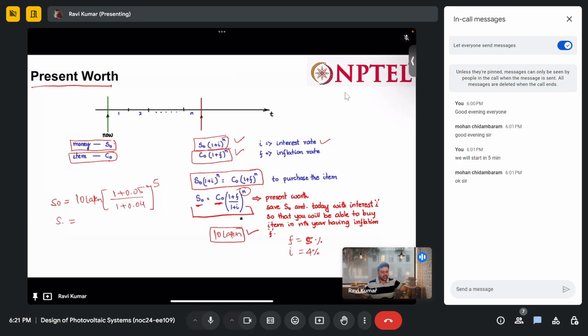Because here inflation is more as compared to our interest rate, we need at least 10.5 lakh today in the bank, in our account, and it will become 10 lakh after 5 years, because the interest rate is less but inflation is more. So this is the way you can calculate the present worth of anything after 5 years, 10 years or nth year.